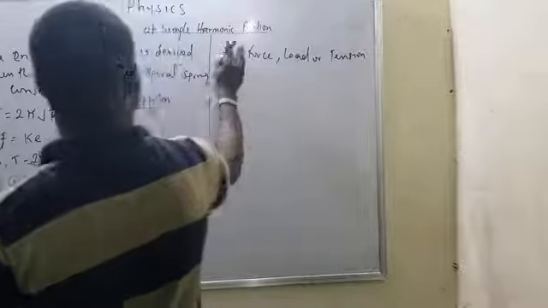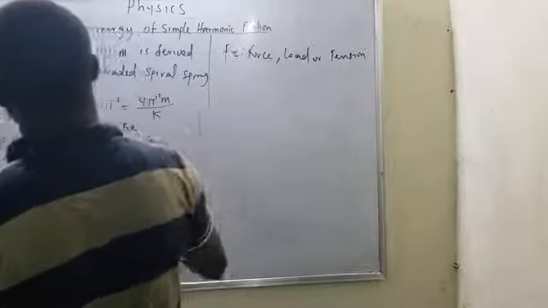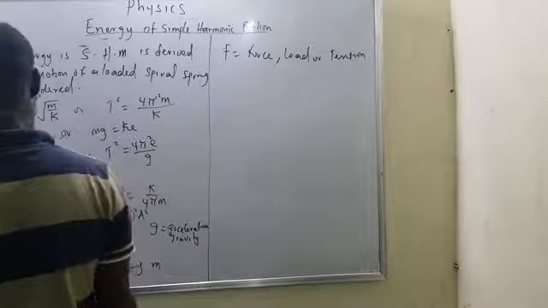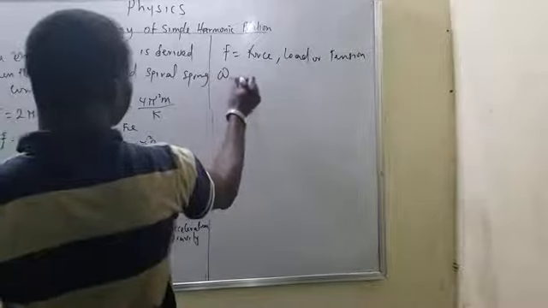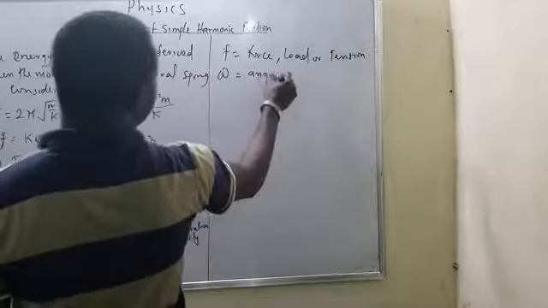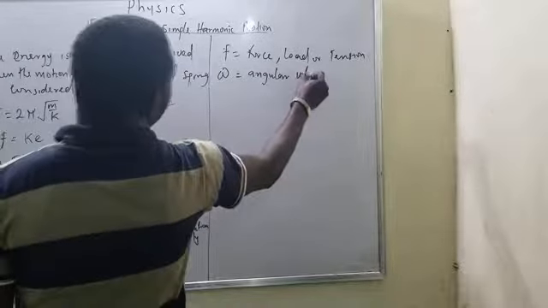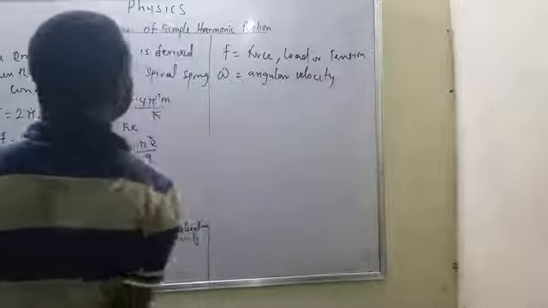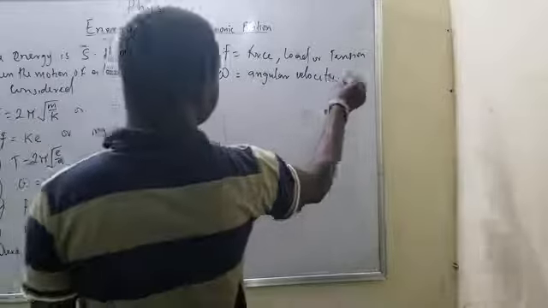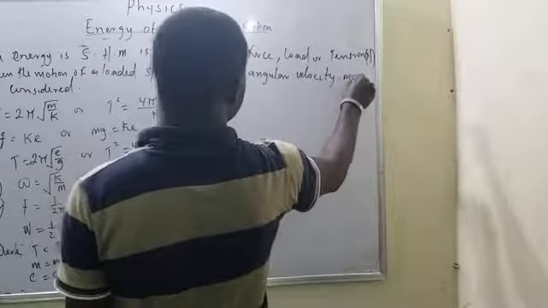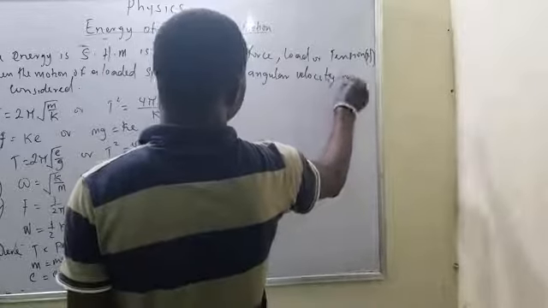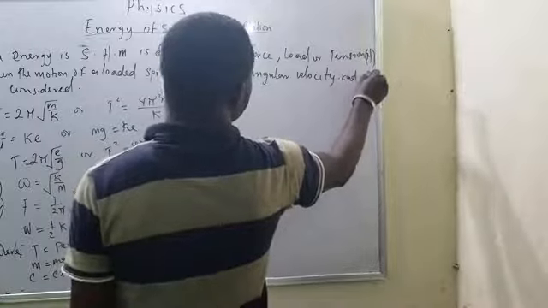Okay, and what again do we have here? My omega is called angular velocity, and force is always in Newton, while this one is in radian per seconds.